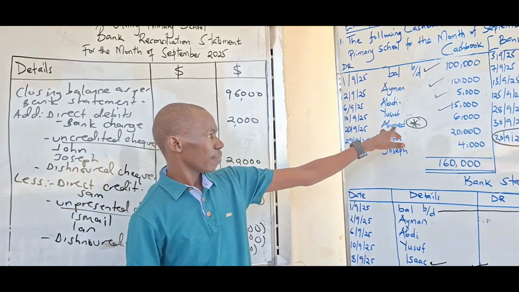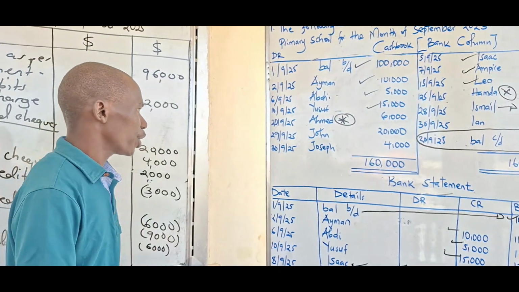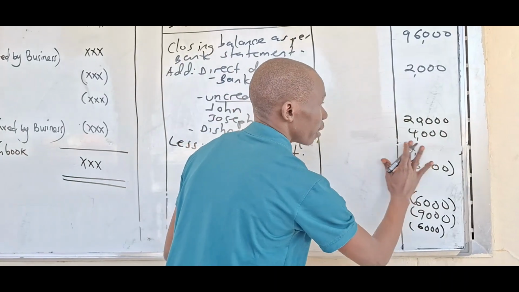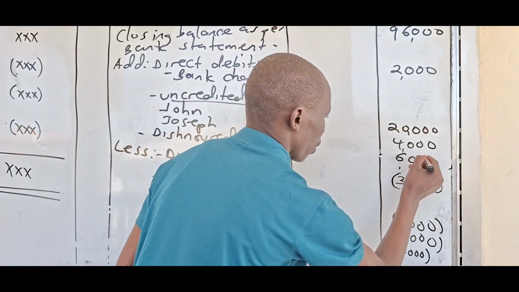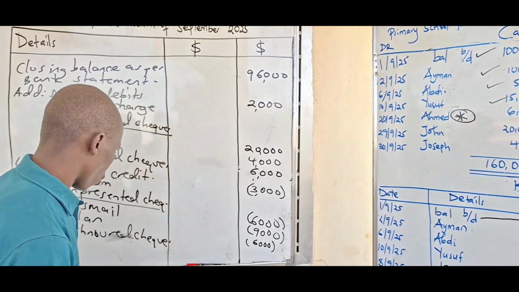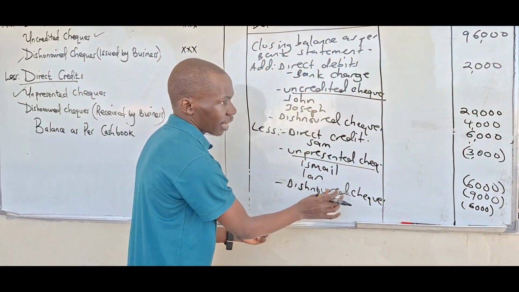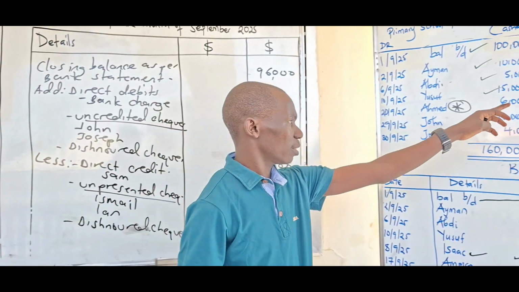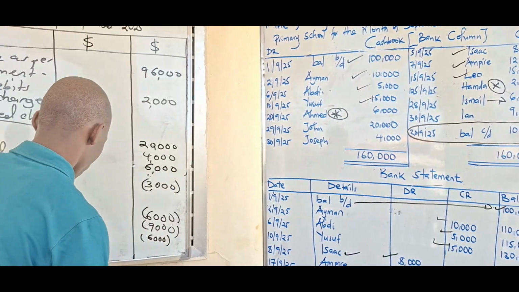That was a mistake. It is 6,000, which was the check given to Ahmed. This dishonored check was 6,000, not 2,000. You add it back. As well, we are going to subtract the check we had given to Hamda, but it was dishonored. That was 2,000. You bring it here.